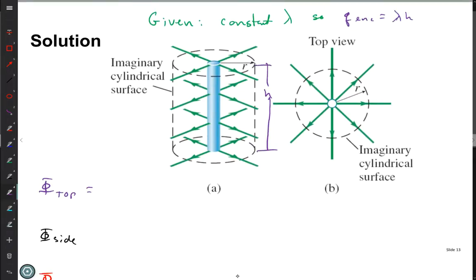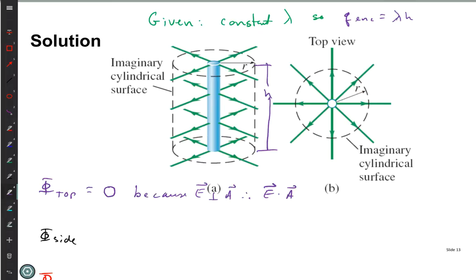What can you tell me about the flux on the top? The electric field lines are perpendicular to the area, and hence it's an exploitable symmetry condition. It's 0, because the electric field is perpendicular to the area, therefore E dot A, and since it's a constant area, I'm just doing it that way.